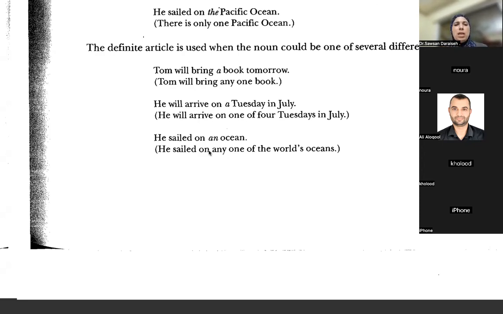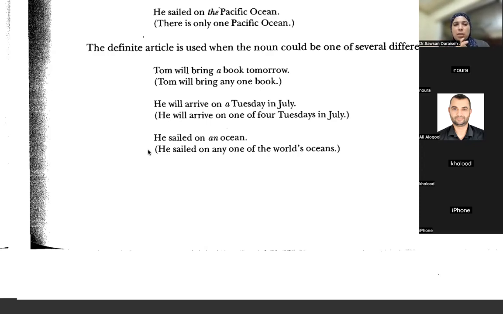Okay, let's take a look at the third sentence. He sailed on an ocean. Well, not necessarily the Pacific Ocean. That means it could be what ocean? The Atlantic. Yes, the Atlantic. The Indian. What other oceans do we have? The Arctic. I think the Arctic area is an ocean-like area as well, right?